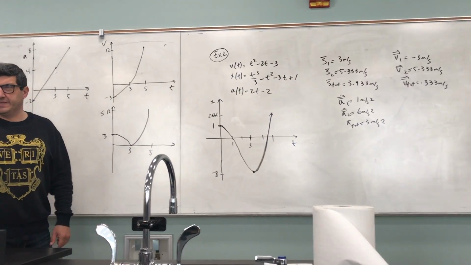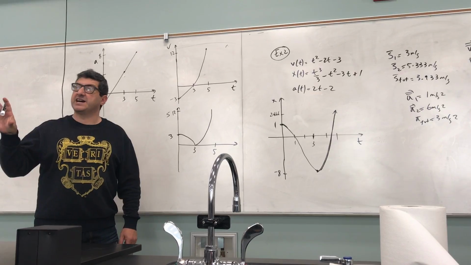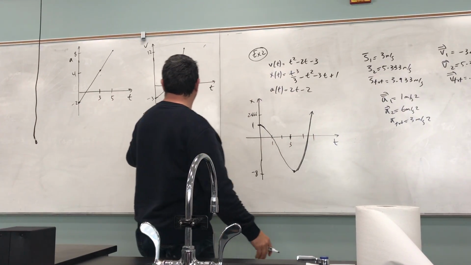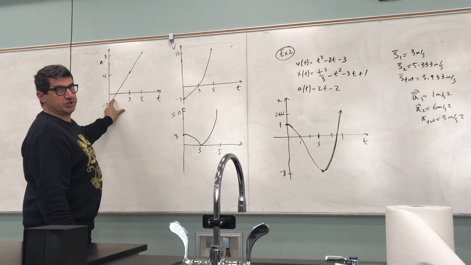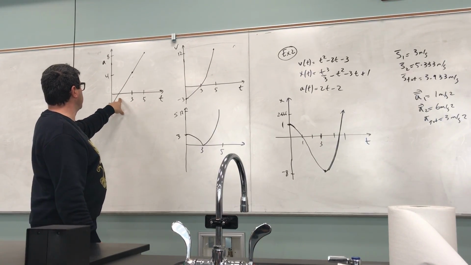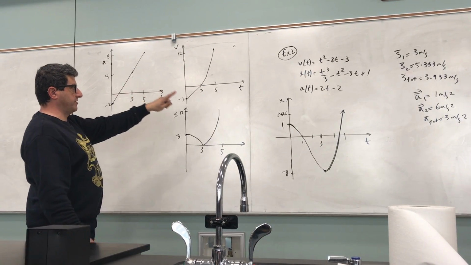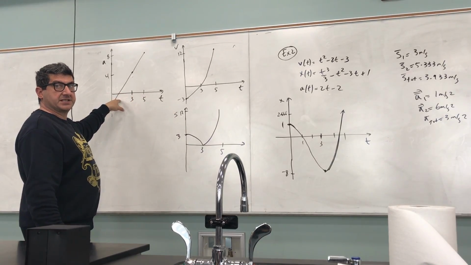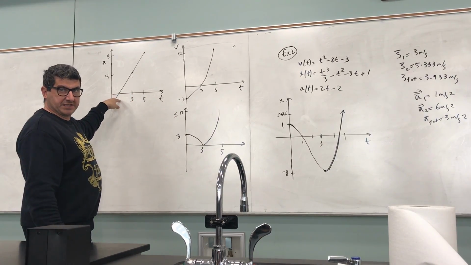Now, if we wanted to be careful about the concavity of the position versus time, we could look at the second derivative of position, which is acceleration. If the second derivative of the position is negative, then it's concave down. So that's the acceleration.